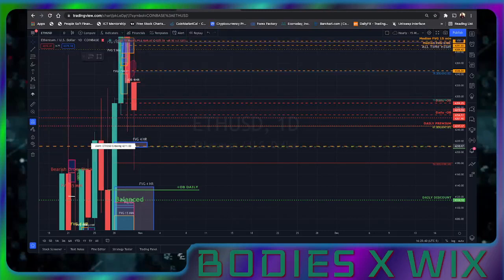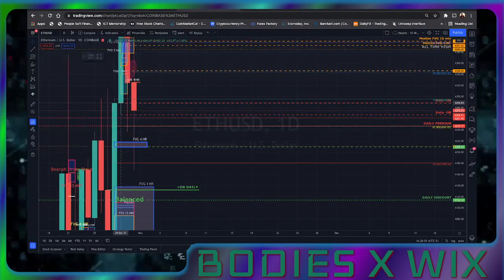So now, what I did is I marked out the bearish order blocks, meaning the last up candle. So you have the red candle close here. This red candle hasn't closed yet. The bearish candle hasn't closed yet.